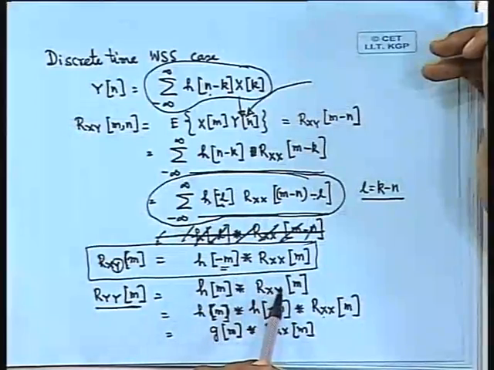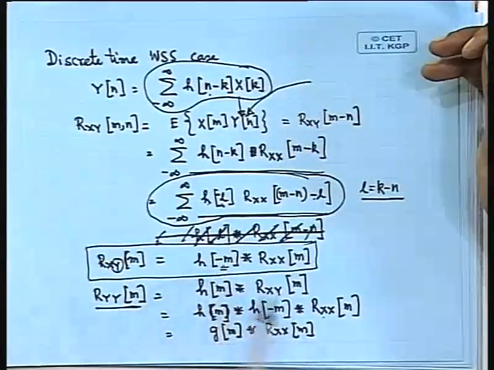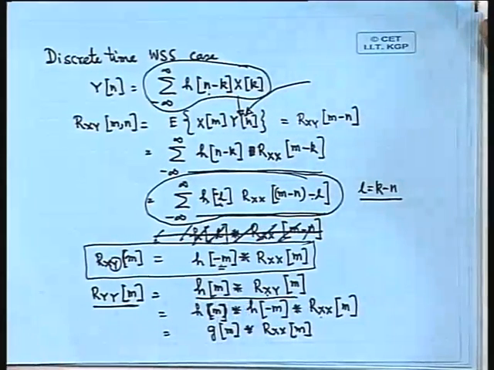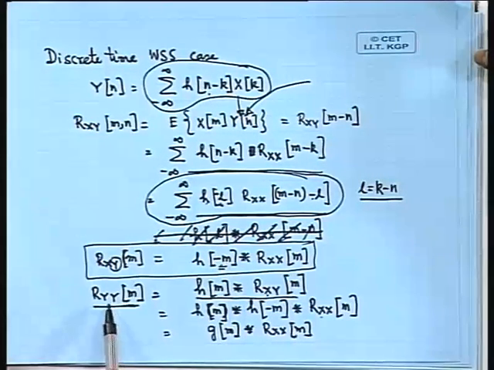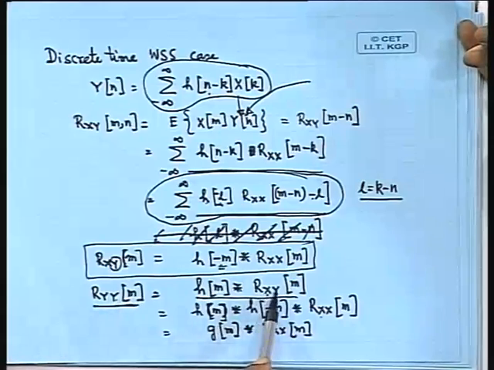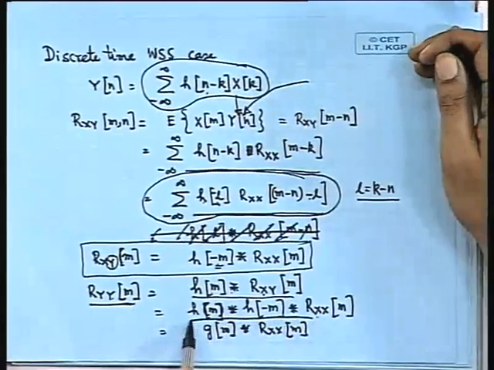As I said, if you transform the second argument, you get minus m. If you transform the first argument, you get this. That is also an exactly similar result. So if you have Ryy, then you can take Rxy and then you will get hm star. So finally Ryy can be expressed as this.